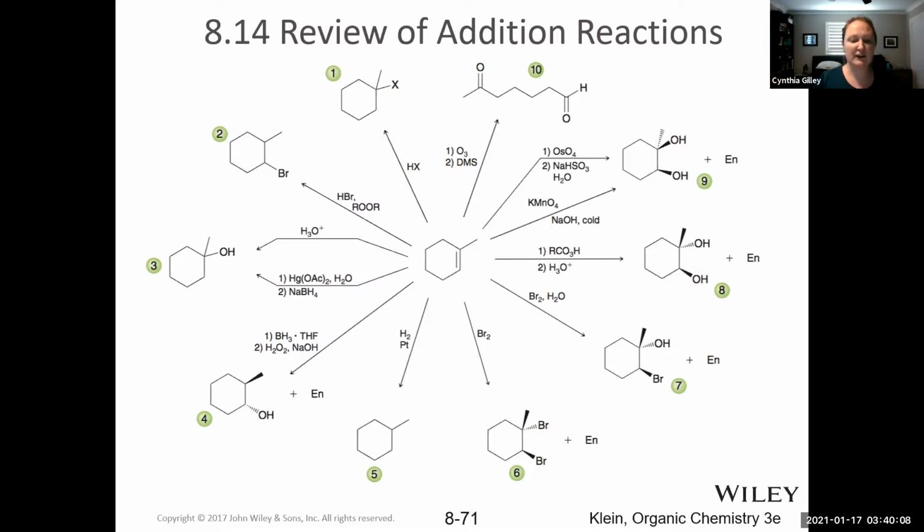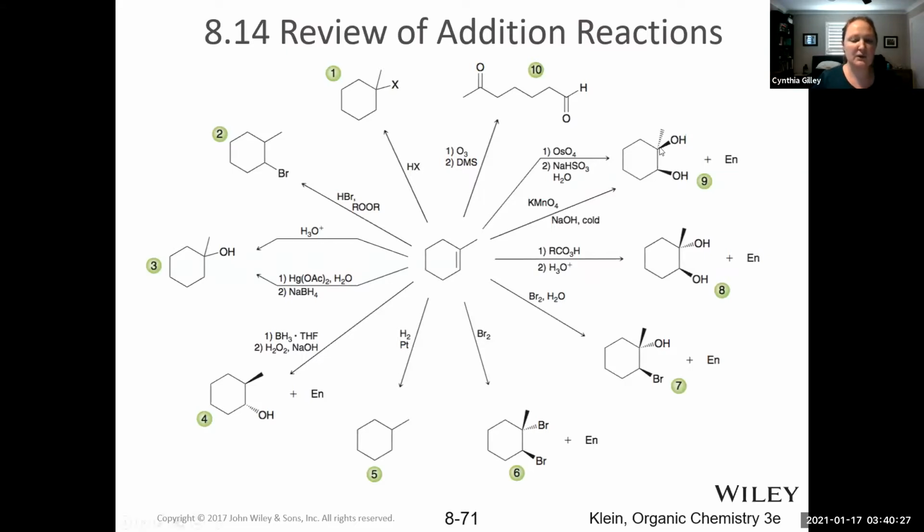For every given reaction, on the front side of a flashcard, you could put the reactants and the reagents and leave off the product, and then draw the product on the back side of the flashcard, so that you can learn how to predict the product given the reactant and reagents.